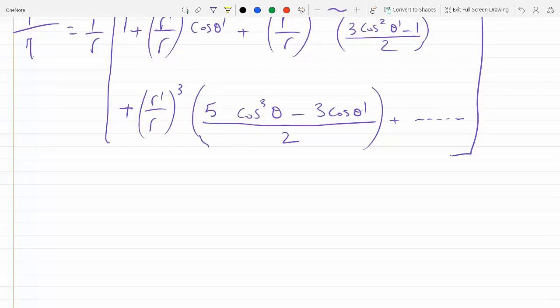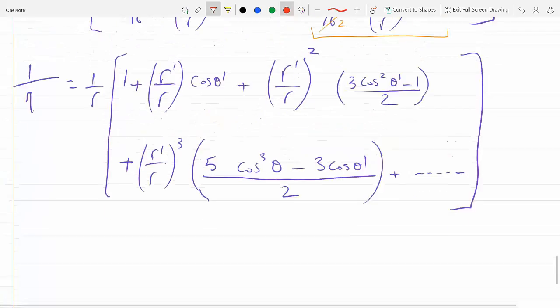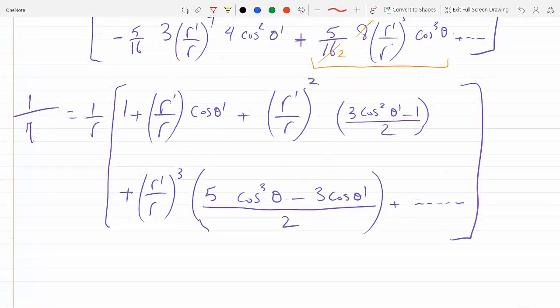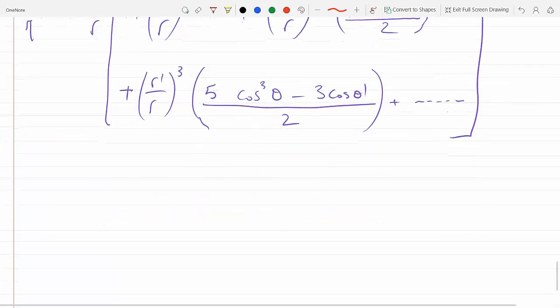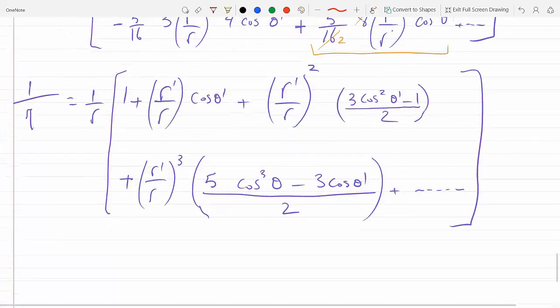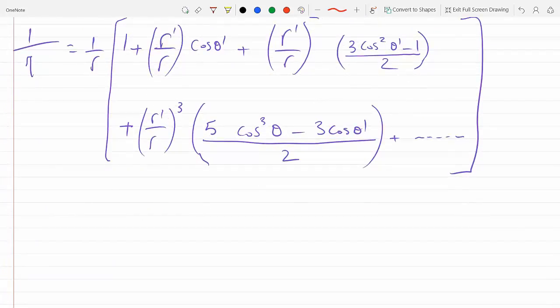Since they turned out to be the coefficients of Legendre polynomials, at this point we can follow the general Legendre series: 1 over the separation vector will just equal 1 over r, the summation from n equals 0.